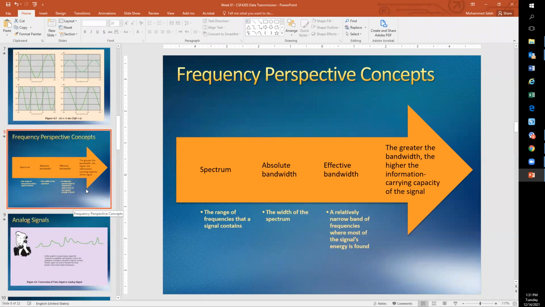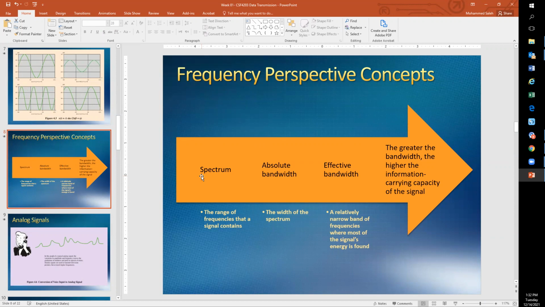Also, we've studied some definitions for frequency. We have the spectrum. Spectrum is the range of frequencies that is contained in the signal, the whole range. And the absolute bandwidth is the width of the spectrum.